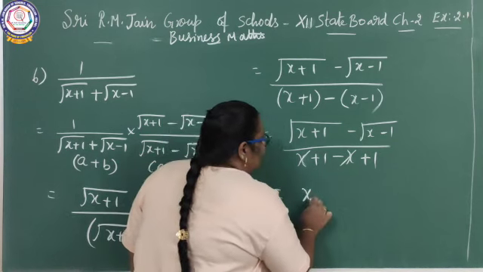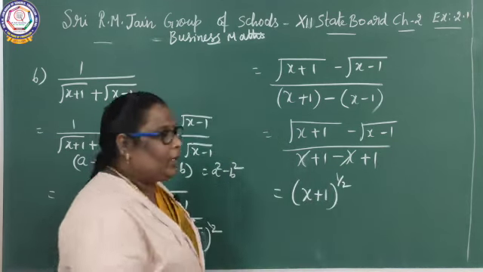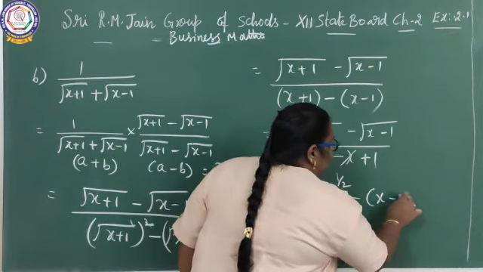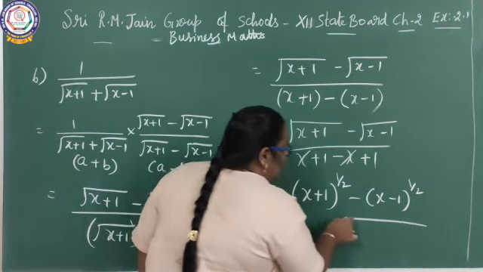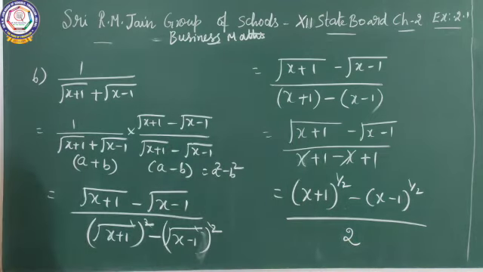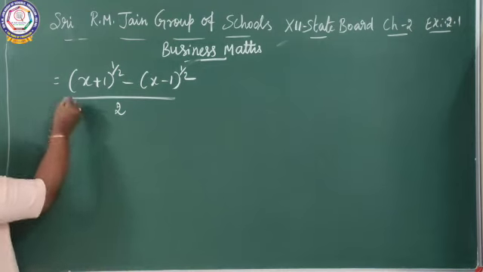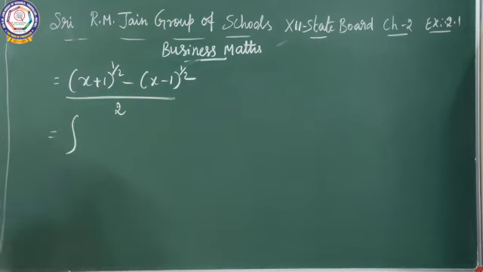It gives, you will write in such a way that root is whole power 1 by 2. Minus x minus 1 whole power 1 by 2 by 2. X plus 1 whole power 1 by 2. X minus 1 whole power 1 by 2 by 2. See? 1 by 2. Now you do the integration part.